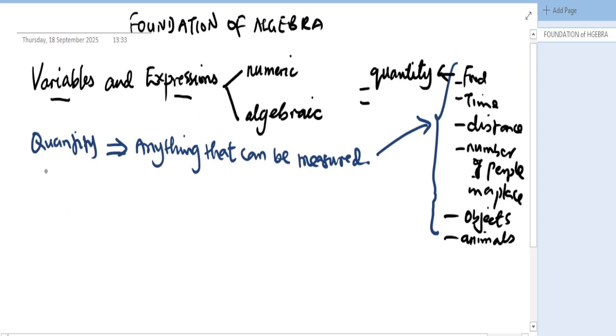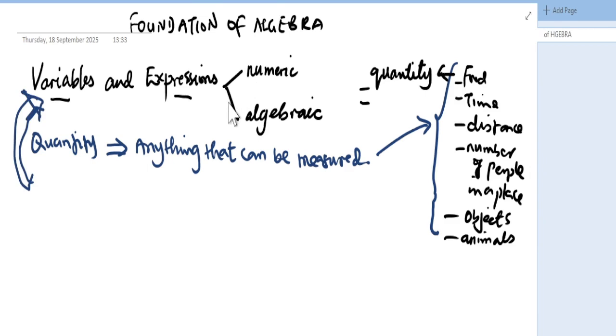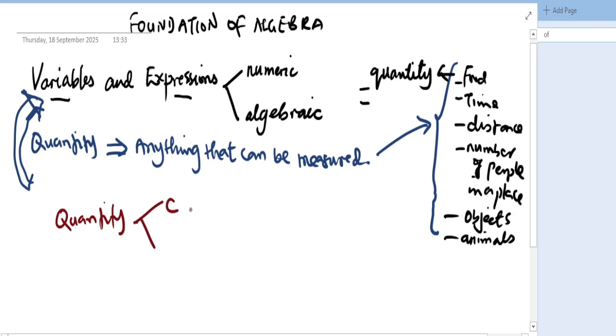Having understood the meaning of quantity, we will now come back to variables. So how does quantity explain variables? How does quantity relate to variables? In this aspect, we are going to look at whether a quantity can change or cannot change.